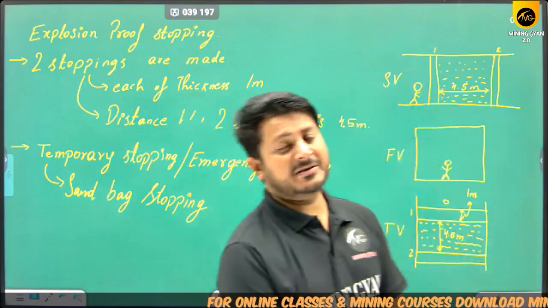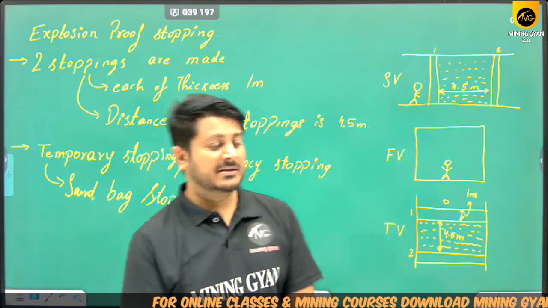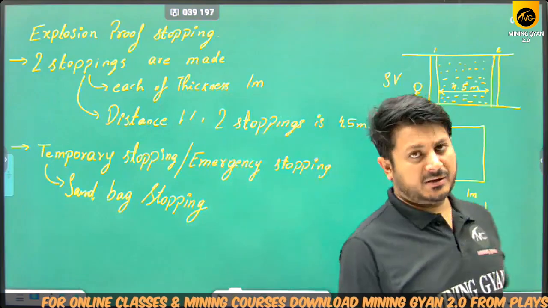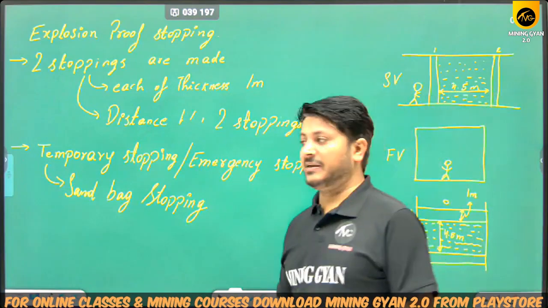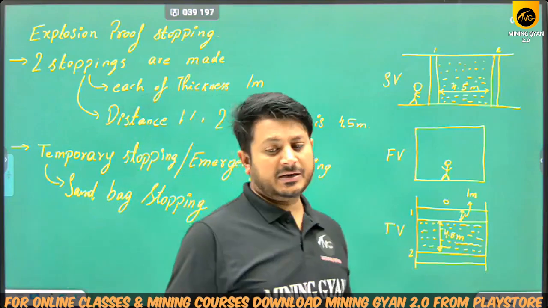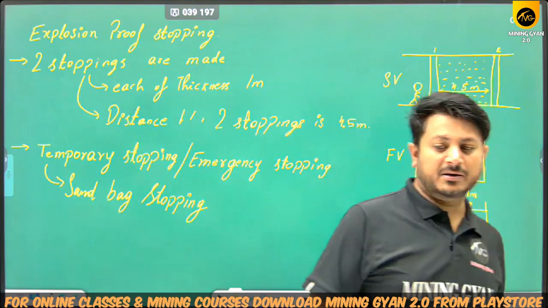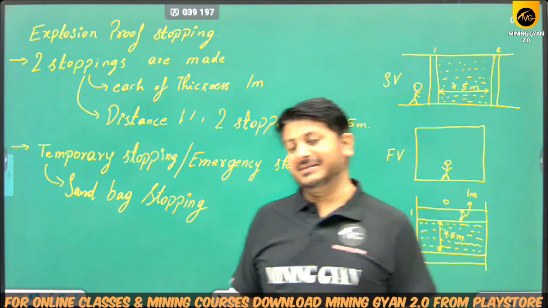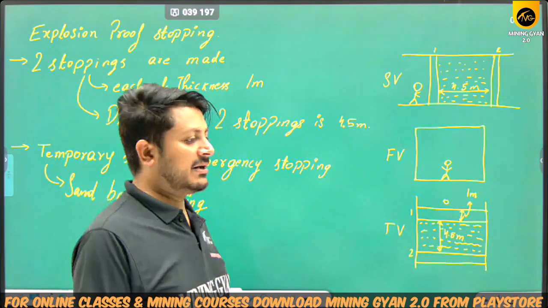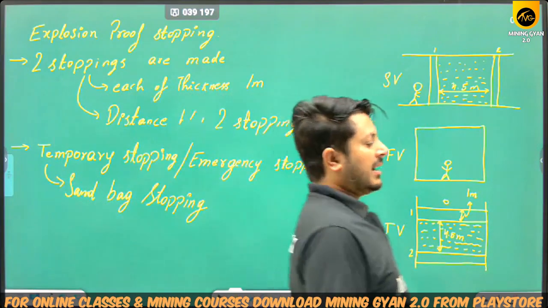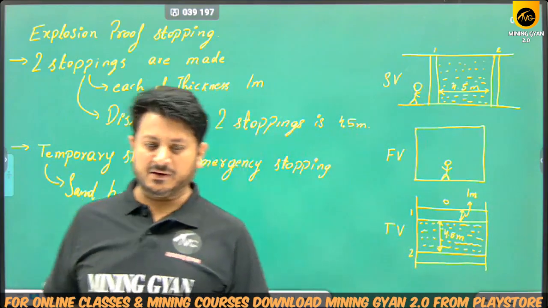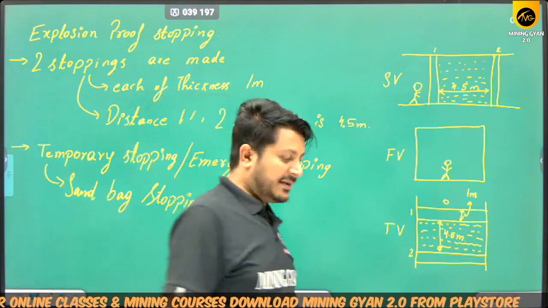Okay, it depends on the height of the roadway. As the height of the roadway increases, the thickness of the stopping will also increase. If the height of the roadway is 3 meter, then its thickness will be 2 meter. And if the height of the roadway is 3.5 meter, then its thickness will be 3.5 meter. Okay, so above 3 meter, as the height of the roadway increases, the thickness of the stopping will also be increased.